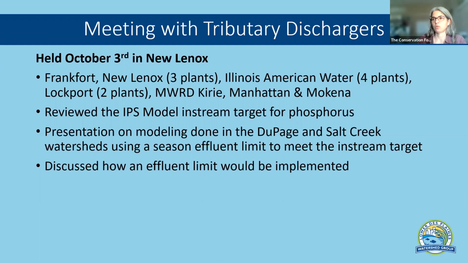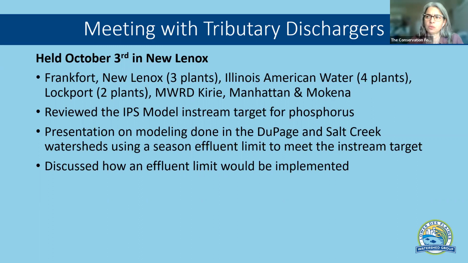So at this point, there's a lot of modeling that was done in the DuPage River system, the Salt Creek system, looking at how an effluent limit would get them to that in-stream target. And so we're comparing our in-stream data and our current effluent data, and how that compares with the modeling work that's been done in the DuPage system, making sure we have a good level of confidence that we'd be able to apply that here in our watershed.